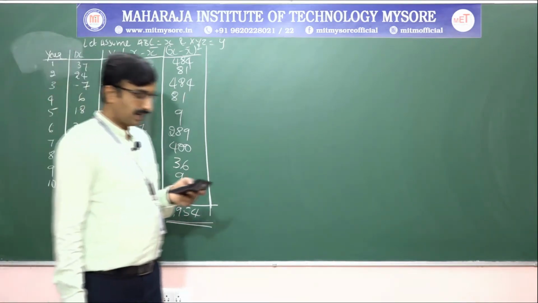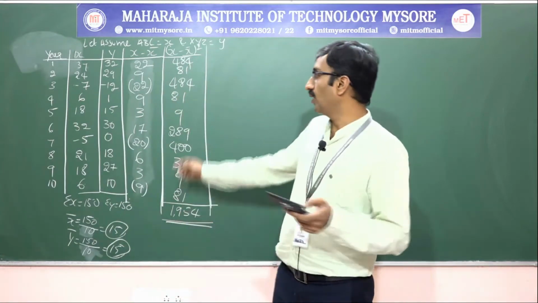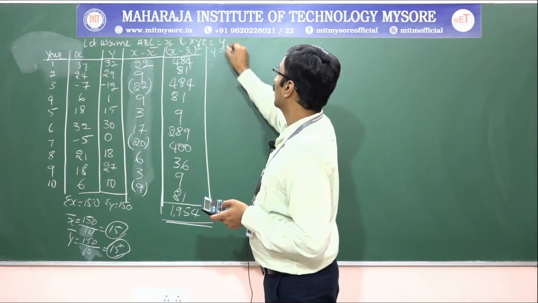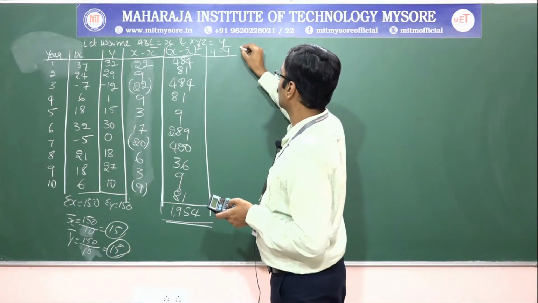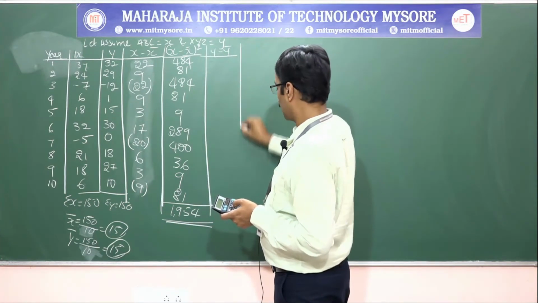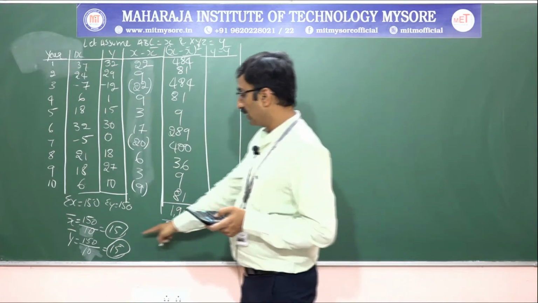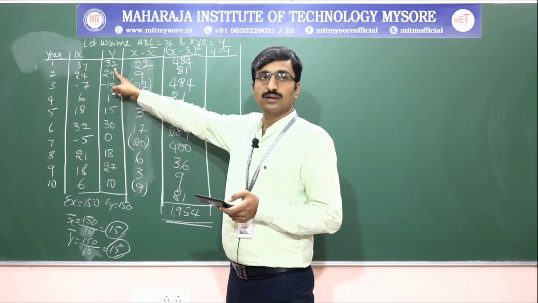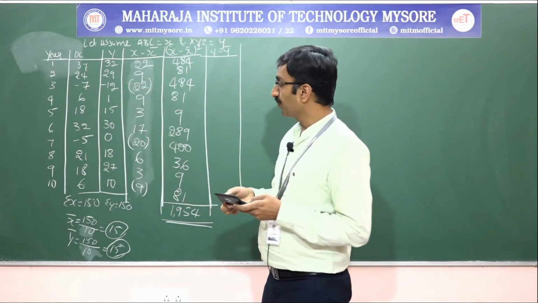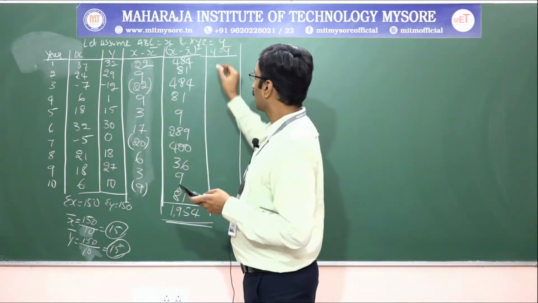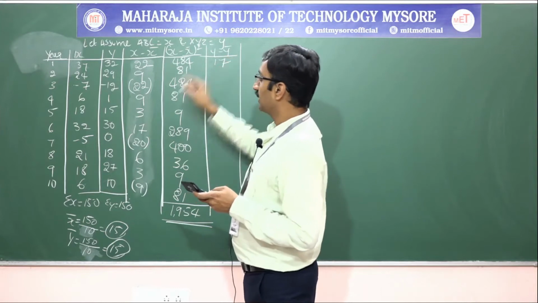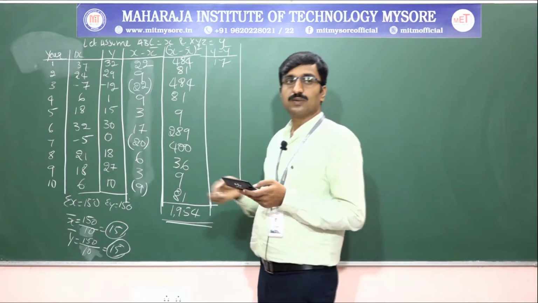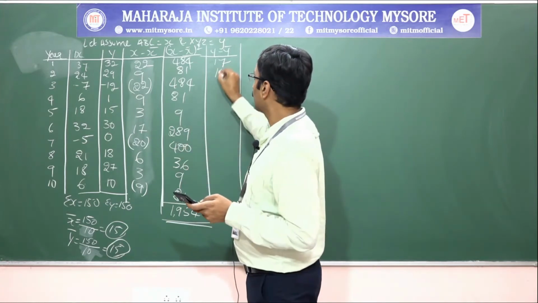Next moving on, the same thing we have done for x, you do it for y. Y minus y bar, you are supposed to do it. Y bar is 15, and the y values they have given here. So you do it. It is 17. Next, it is 14.